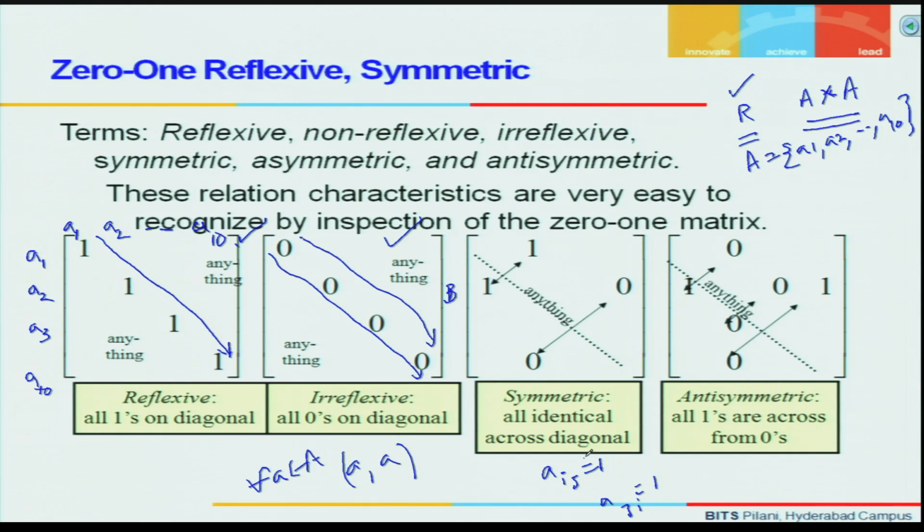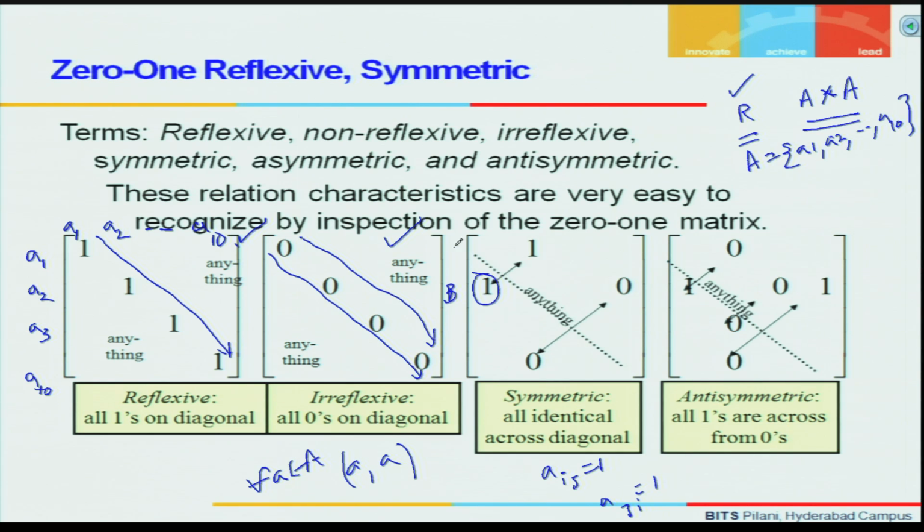Aij equal to 1 means the element Ai and element Aj are related. And whenever this is 1, from this matrix I am able to see that Aji is also 1. That means Aj and Ai are also related. Whenever it is happening for all i comma j, for all the elements of the set A, then I can say that this is a symmetric matrix.